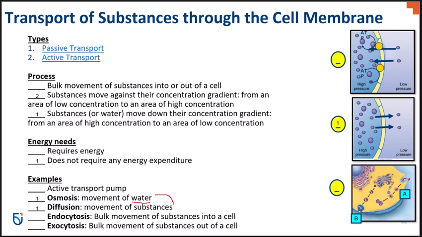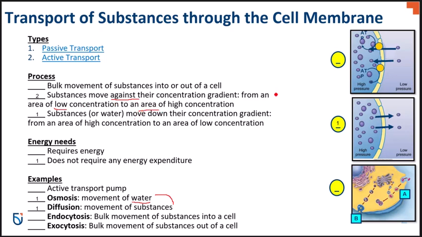So now on to active transport. Active transport is the opposite of passive in that substances are moving against their concentration gradient, from an area where they're in low concentration to an area where they're in high concentration.